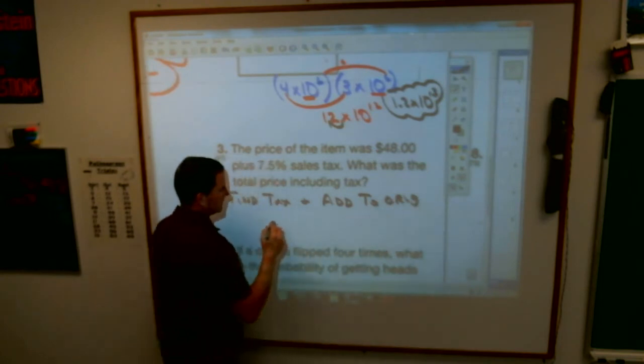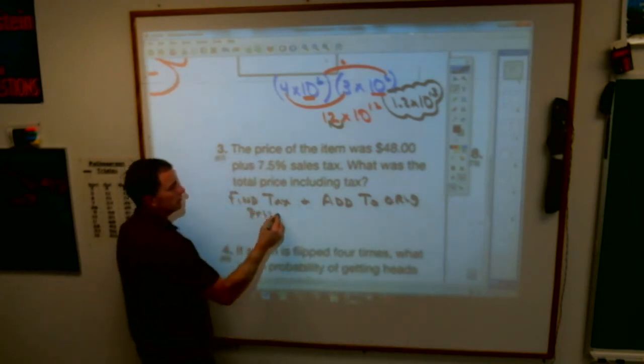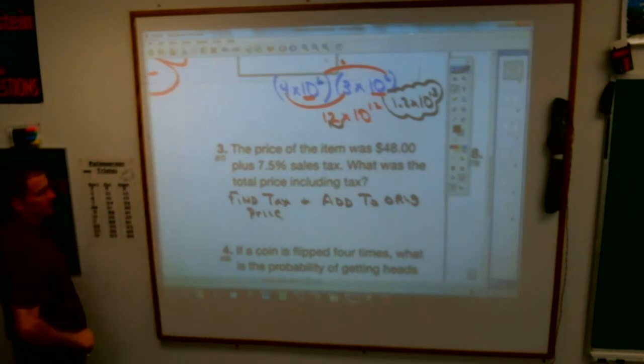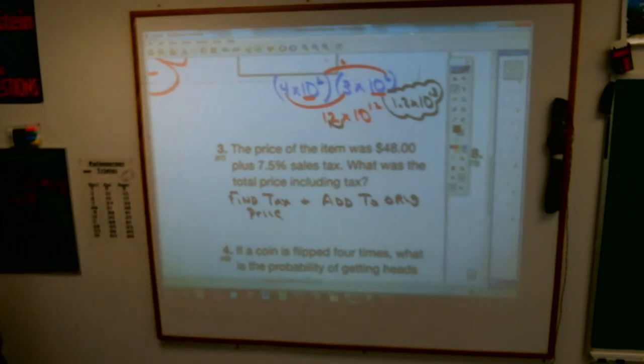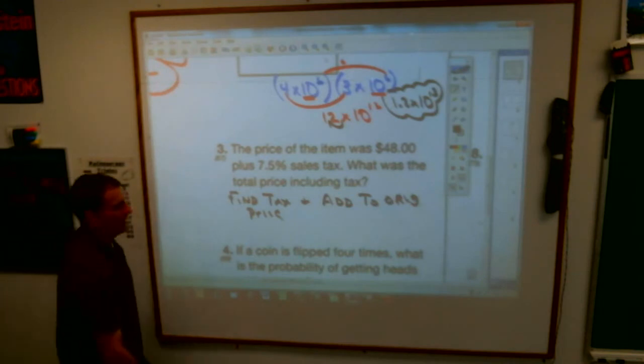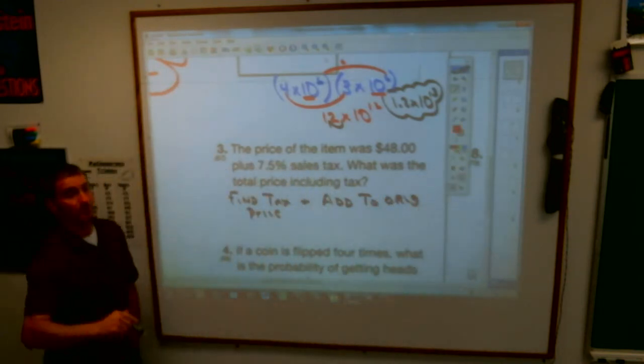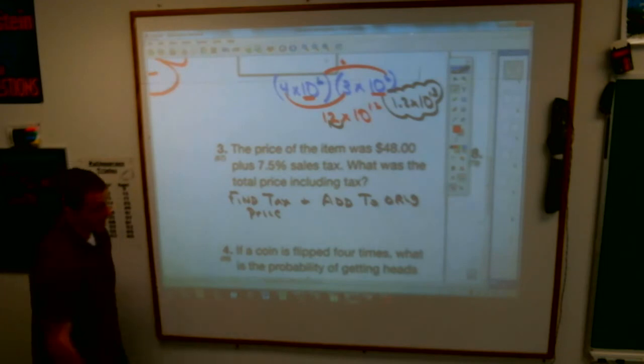And I will say this numerous times, you could do a ratio, you could do the whole percentage box, but I think that would take you longer than it really needs to. How do you find tax? I've said this 1,000 times. Tax and tip is always multiplication.